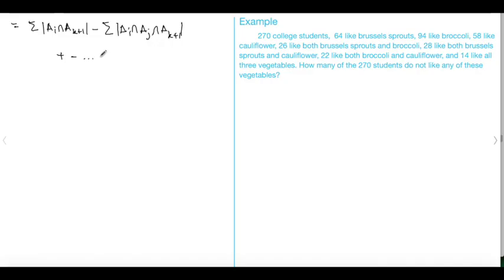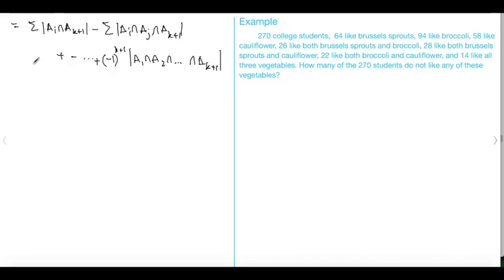The last one will be minus 1 to the power of K plus 1. This should be plus here. Times the cardinality of A1 intersection A2 intersection up to AK plus 1.